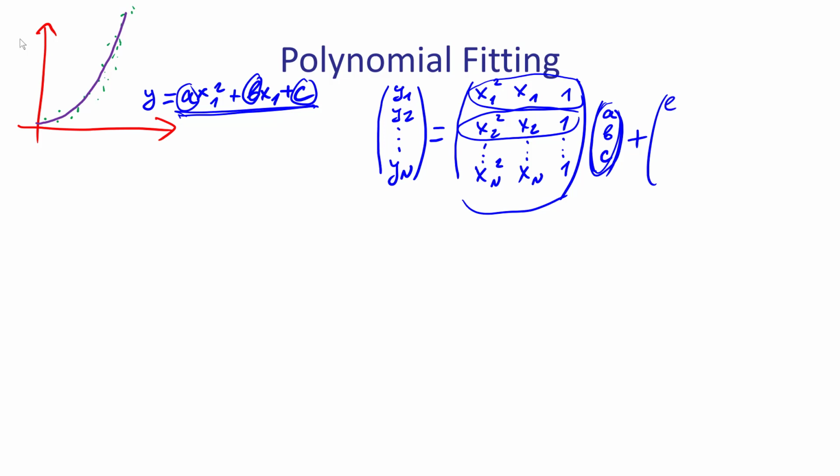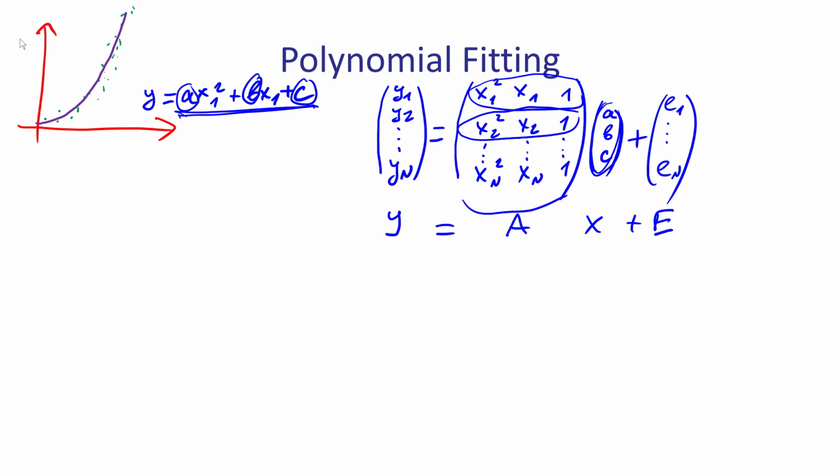So this is, again, E1 until you get to En. And you want to minimize the square of that error, which is the sum of E1 squared plus E2 squared plus E3 squared, and so on. Now, again, in matrix form, you have y equals Ax plus e.